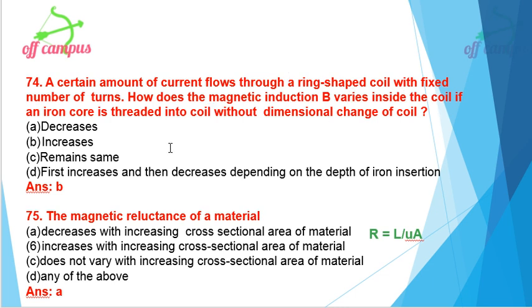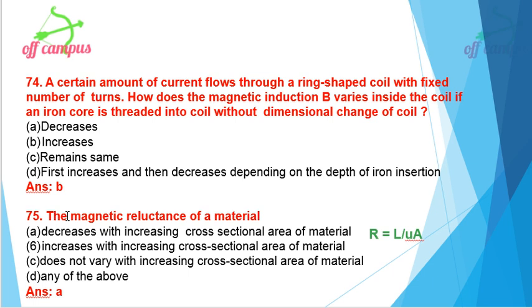When an iron core is threaded into the coil without dimensional change of the coil, the magnetic induction will increase. So, option B is the right option.